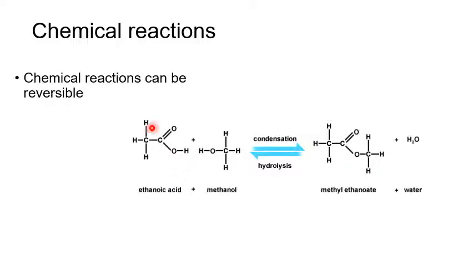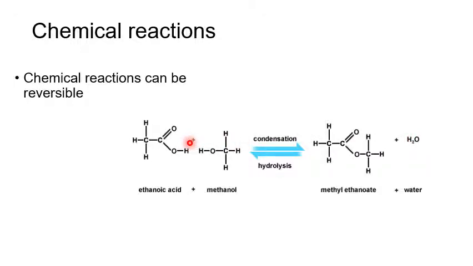So in chemical reactions, we saw the first one with the arrows going in this direction, but we will see that many chemical reactions are reversible. The reactants here can be formed into the products here, but these can also be the reactants and form the products there.